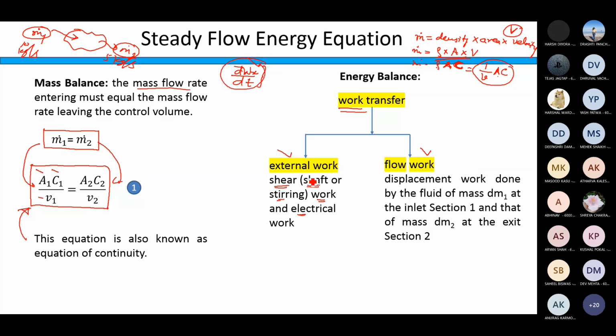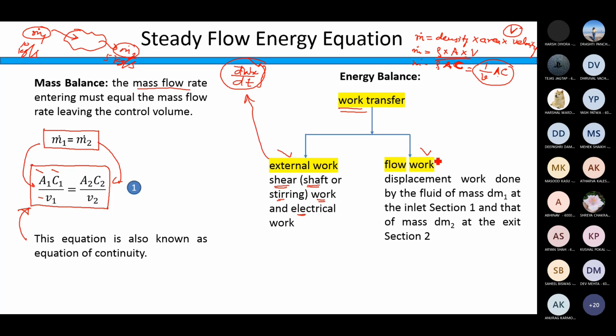So you can have combination of different works, or simply the single work like shaft work or the stirring work, or maybe just the electrical work in case of if the current is flowing through a resistor, right? So those kind of works are attributed to this term d bar wx by dt.